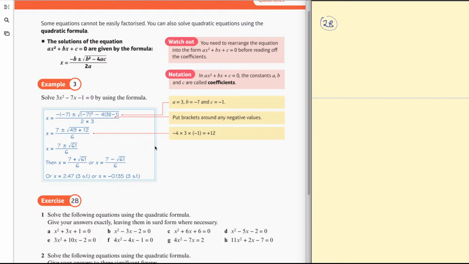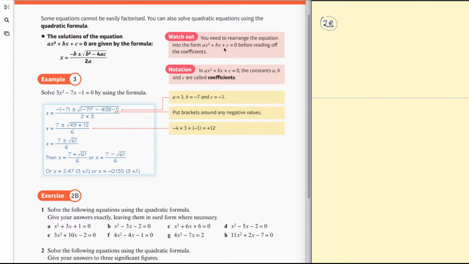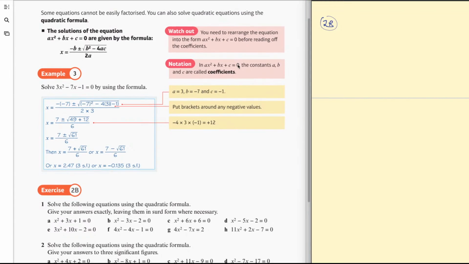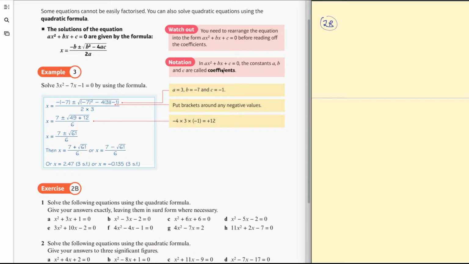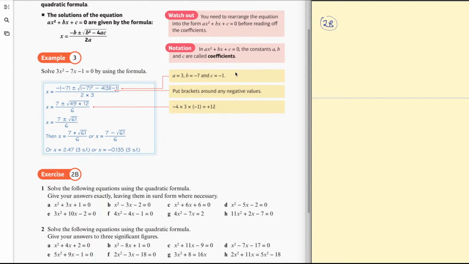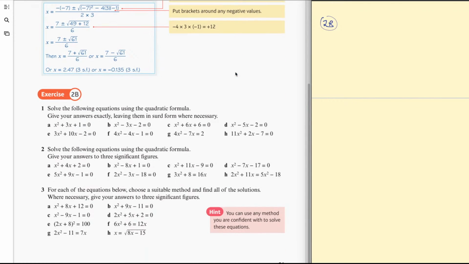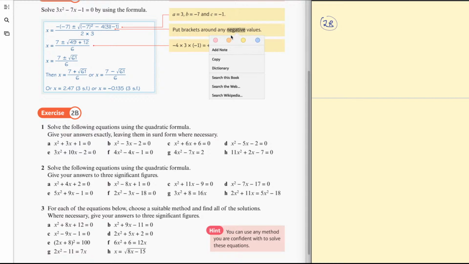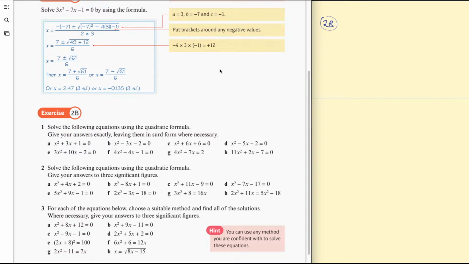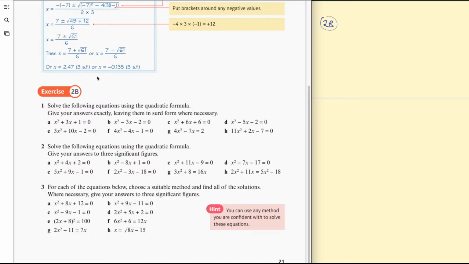Okay. So some notes. You need to rearrange the equation into this form before using the formula, and a, b, and c are called coefficients. Alrighty. Also, they note to put brackets around any negative values, just to make sure you don't make mistakes with negatives and positives.